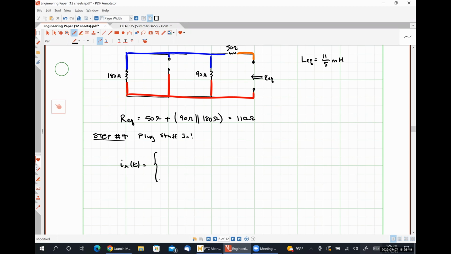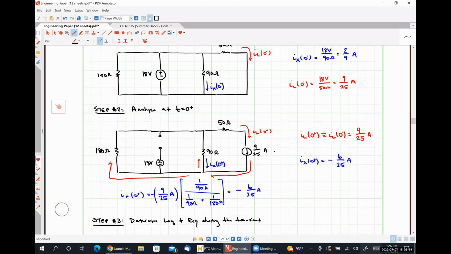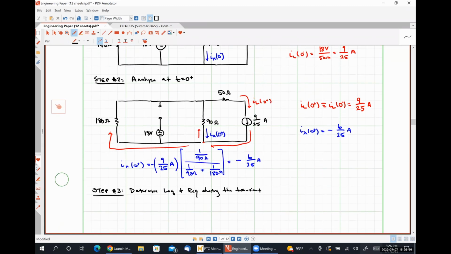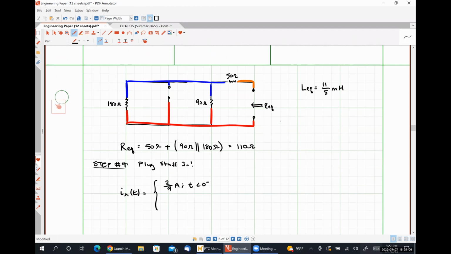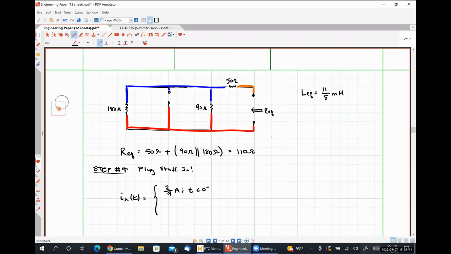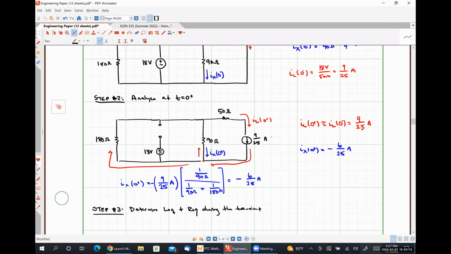So what was the value of IX at t is equal to 0 minus? I believe it was 2/9, but let's check. Yes. What was the value of IX at t is equal to 0 plus? I believe it was -6/25. That seems right.